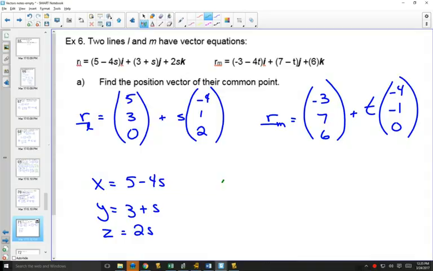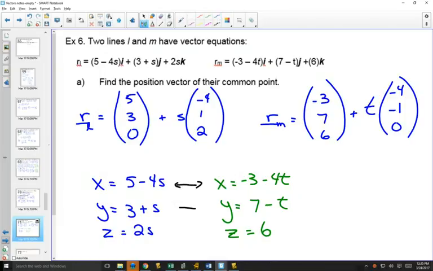And in green, my other line, I'm going to have x is negative 3 minus 4t, y is 7 minus t, and z is always 6. With this information, you're going to look at your x, y, and z coordinates, and our plan is to solve for s and to solve for t.